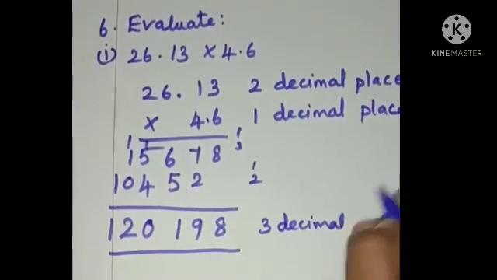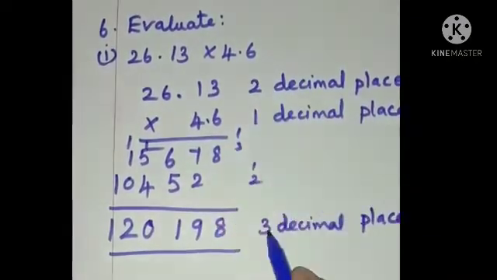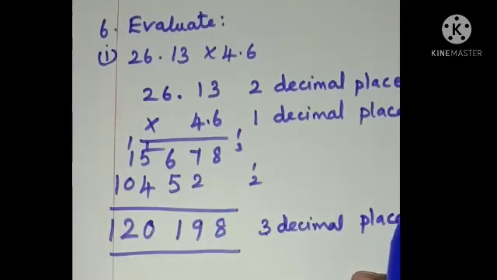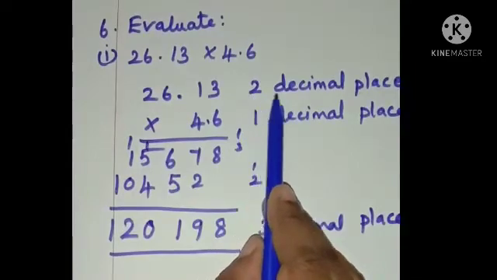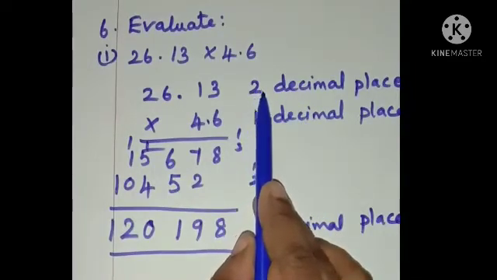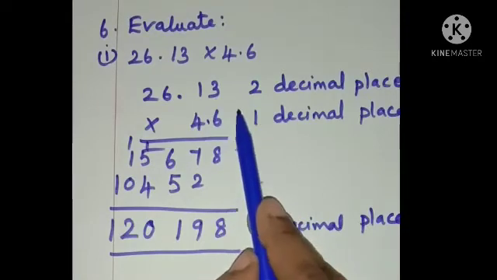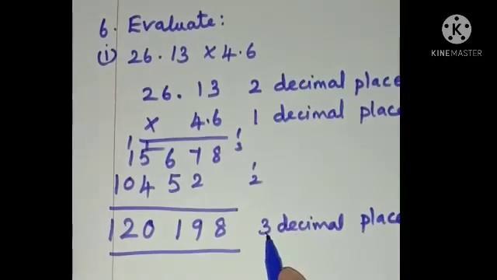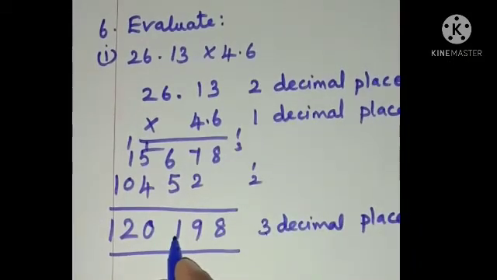So 2 plus 1, we get 3 decimal places. So in all the problems, you have to see how many decimal places are there, and then count the decimal places in each decimal number. And here we are getting 3 decimal places. So children, put the decimal point 3 places in.